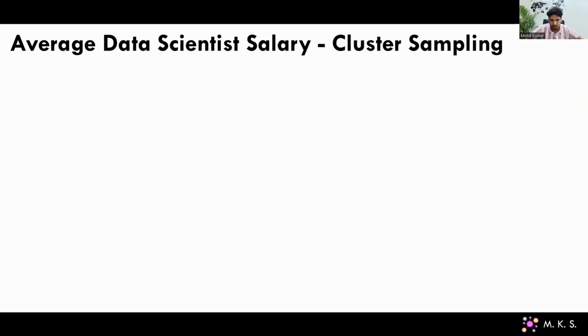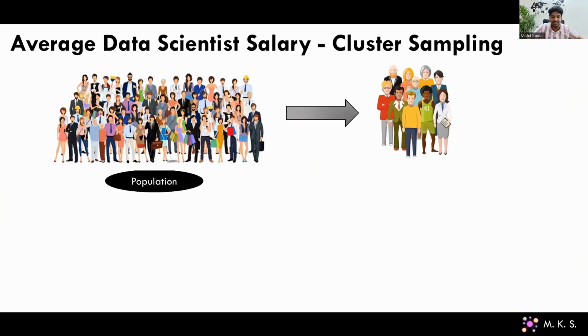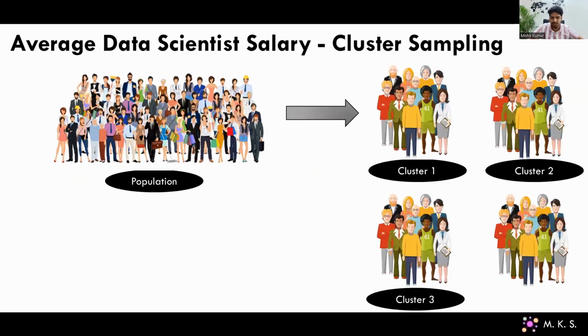Now let's move to the fourth one, which is cluster sampling. This is also very similar to the stratified sampling technique, guys. Here also we create clusters based on the characteristics of the population. Now, sometimes what happens, let's say I am from Bangalore, then getting data scientists from Bangalore is very easy for me, right?